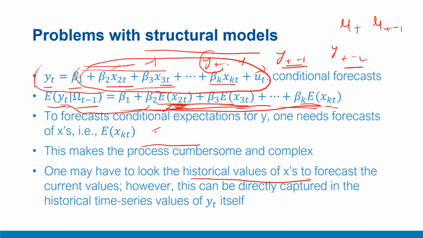So the information pertaining to such a structural relationship is already captured in yt minus 1, yt minus 2, and therefore when I'm modeling yt with its own historical values and white noise error terms through some kind of ARMA process, I'm essentially, without even going into this structural model, factoring this in. And therefore, this kind of modeling is extremely powerful, in that it saves a lot of time and effort in modeling the structural model and is able to capture the information content of this structural process itself.